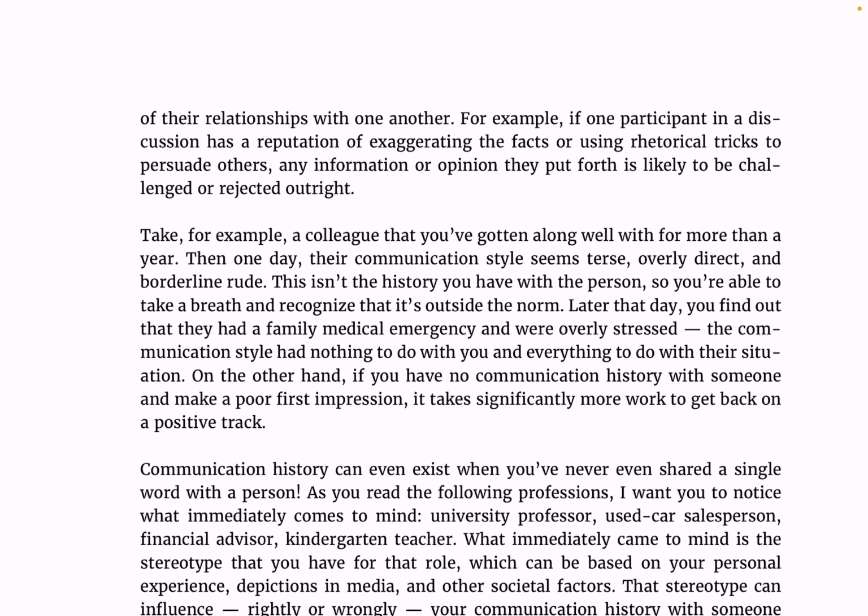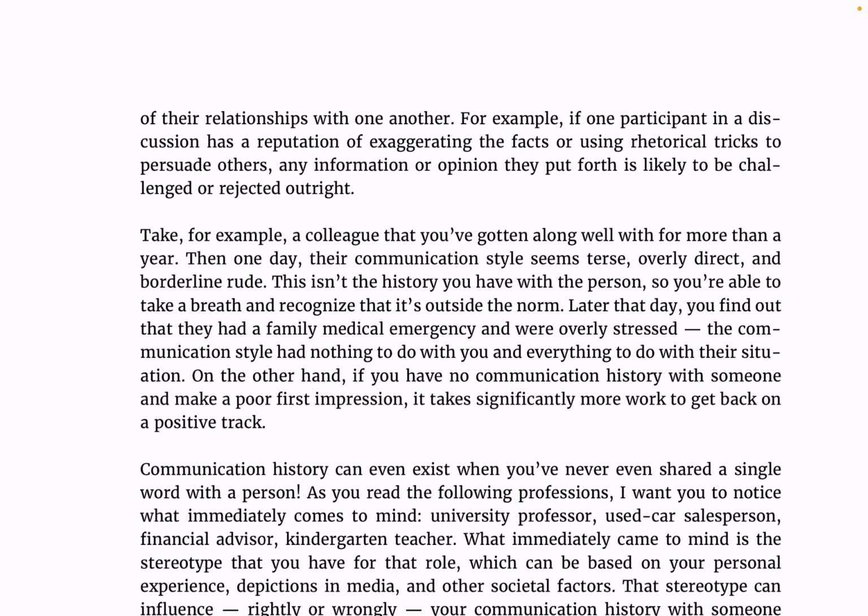For example, if one participant in a discussion has a reputation of exaggerating the facts or using rhetorical tricks to persuade others, any information or opinion they put forth is likely to be challenged or rejected outright.